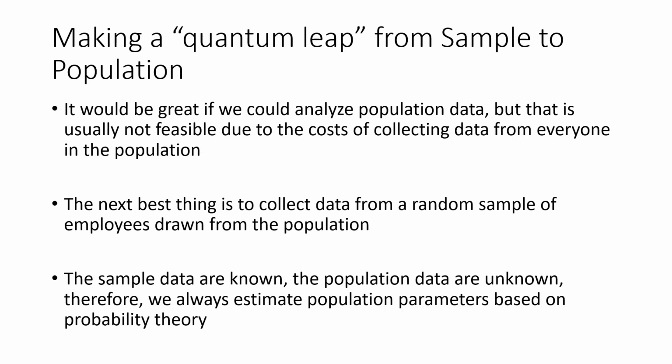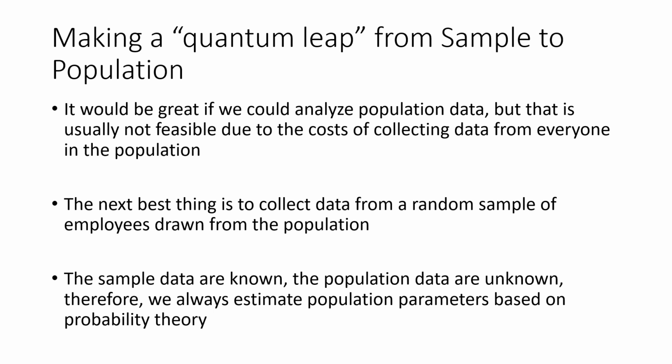So what we want to do in inferential statistics is to make a quantum leap, or what I've called a quantum leap, from the data in our sample to the wider population from which the sample was drawn. Now, as I've said before, ideally, it would be great if we could analyze population data.